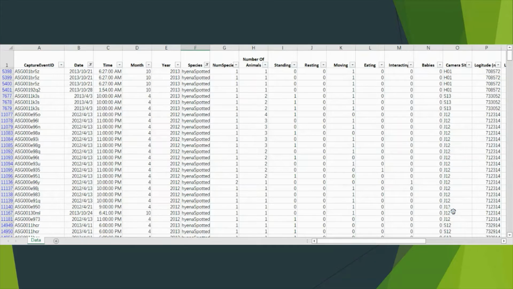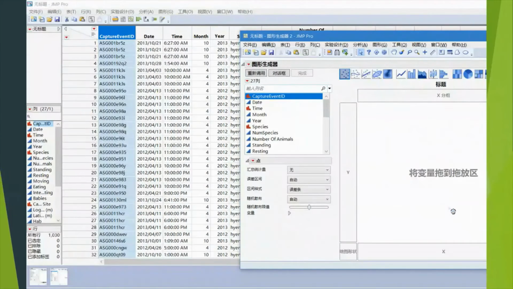We're going to use the data shared by Snapshot Serengeti. They set up a lot of cameras in the Serengeti, and when they spot animals, they are recorded, including the positions and the distance to the rivers. That's a benefit for us. And we're going to use GIMP tools to visualize the data.